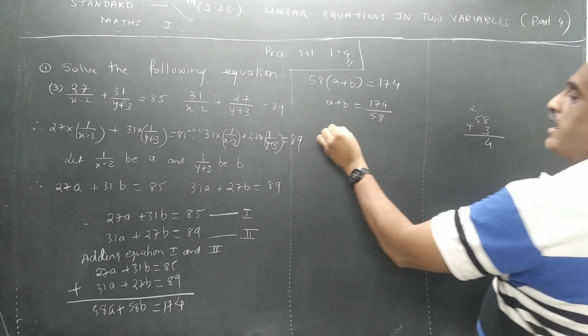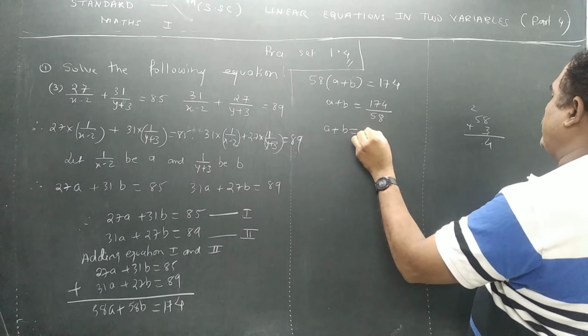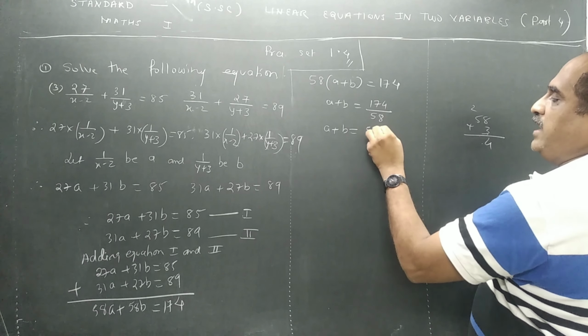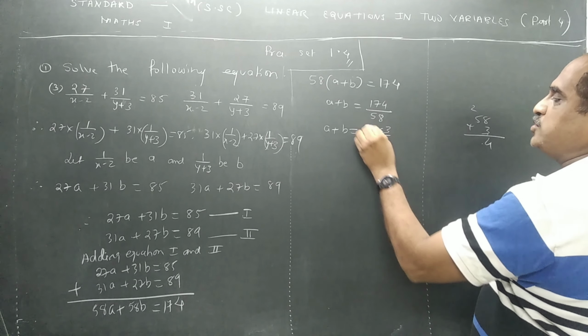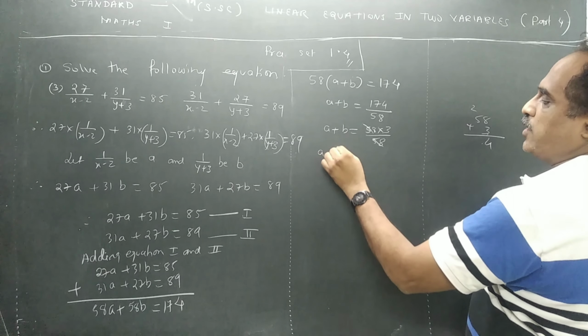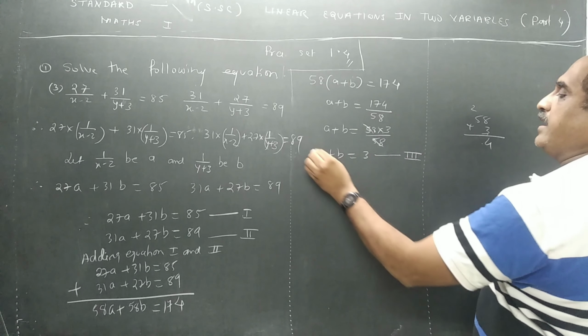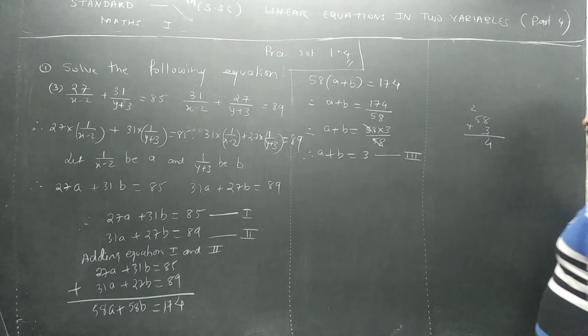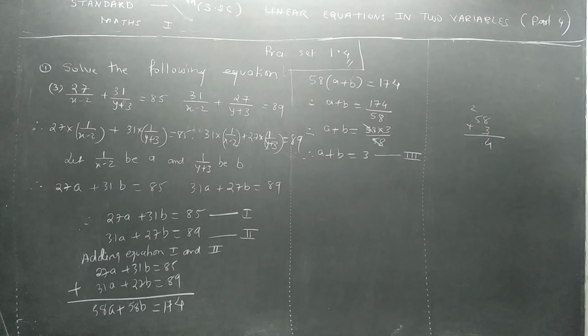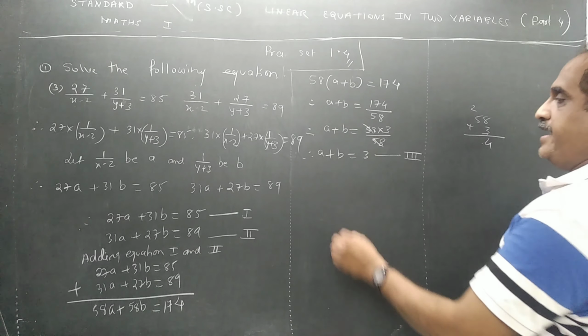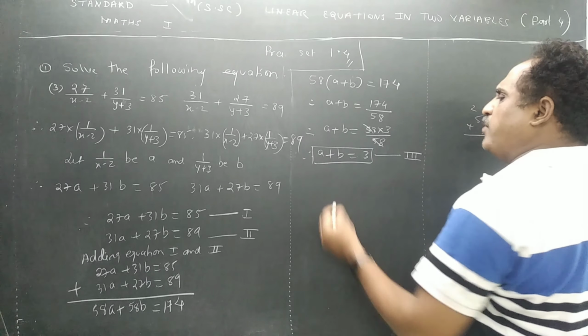So you can write a plus b is equal to 58 into 3 upon 58, and this cancels. So what you get is a plus b is equal to 3, which is equation 3. Or 58 times 3 is 174, just keep in mind. Now we have completed the process of adding, right? If you want, you can put it in a box.